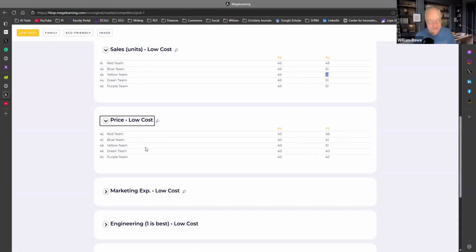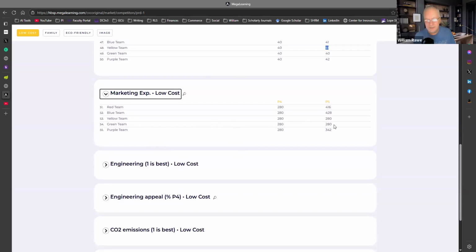Let's look at price. My price is 51. That's high. And I am the highest out of all my competitors. The next highest is 46. Most of the competitors are between 41 and 42. So it's possible that I priced myself pretty well out of the market. How about marketing expense?